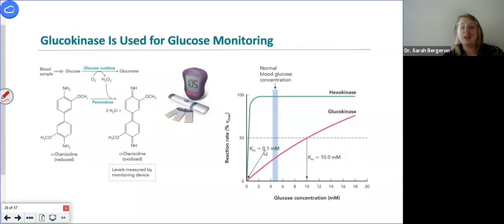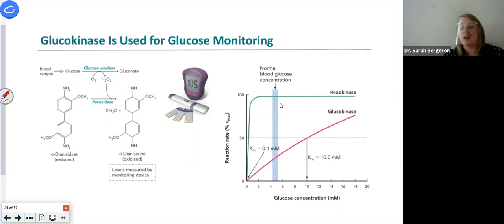The Km is 0.1 millimolar. That's tiny. So this is a very, very high binding affinity. So if glucose is there, hexokinase is phosphorylating it, right? And that's exactly what you want in the majority of your cells.